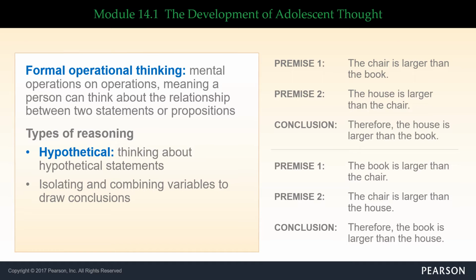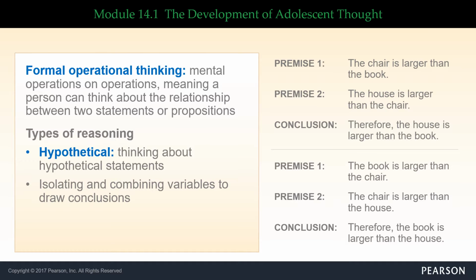So let's take a look at some examples. Premise number 1 is the chair is larger than the book. Premise number 2, the house is larger than the chair. So a conclusion based on those two statements might be, therefore, the house is larger than the book. And a second example is premise number 1, the book is larger than the chair.